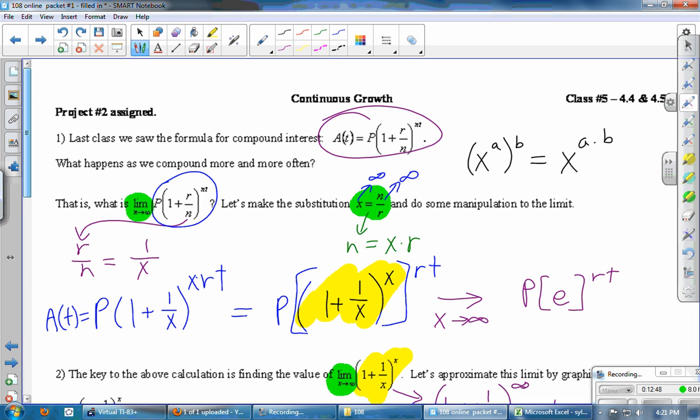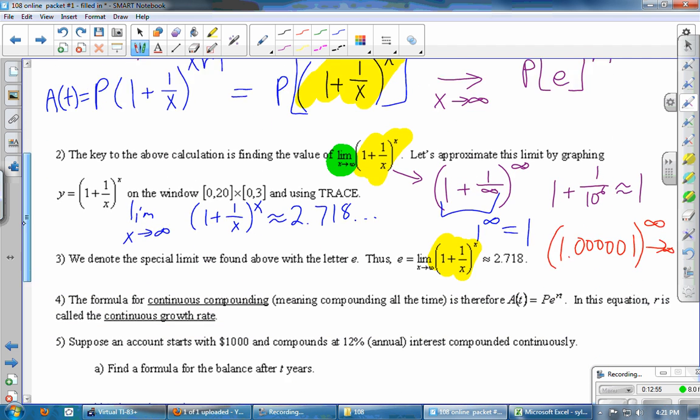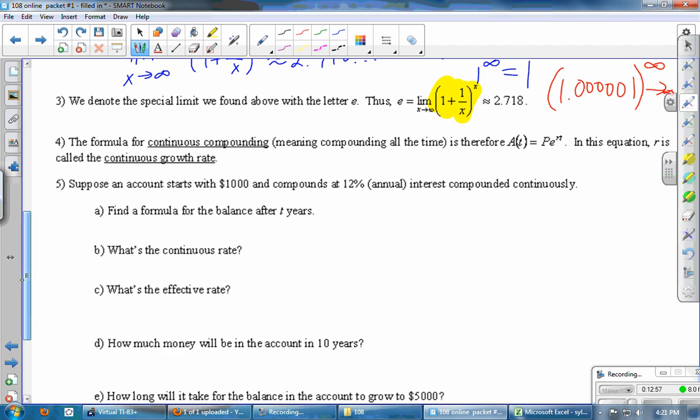That becomes PE to the RT when we compound continuously all the time. That is to say, when n goes to infinity.